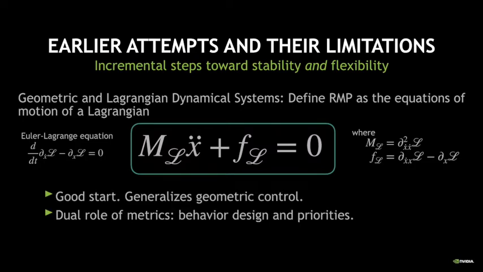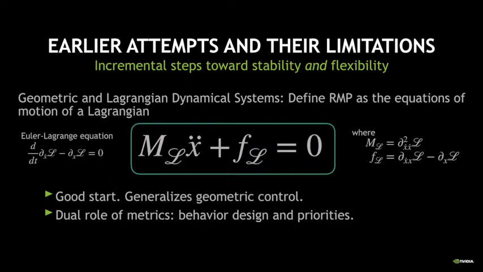It's a good start. It generalizes what we might call geometric control, but it has a particular limitation in that this metric, this M sub L, plays two roles. We want it to play the role of a priority, because in RMPs, policies are combined with a priority, and that ends up being an important part of how to combine them in a way so they don't fight.